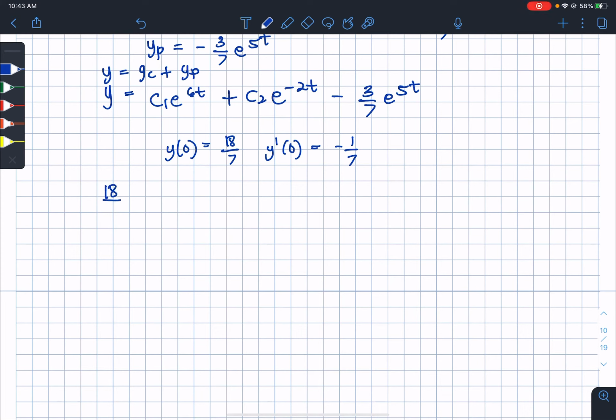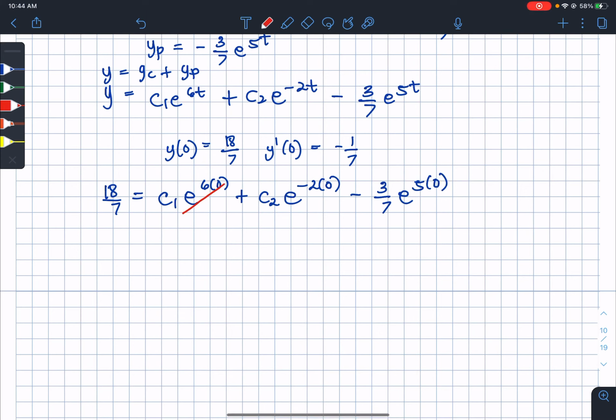So 18 over 7 is equal to c1 e raised to 6 times 0 plus c2 e raised to negative 2 times 0 minus 3 over 7 e raised to 5 times 0.